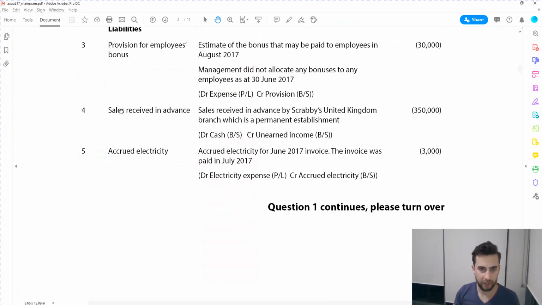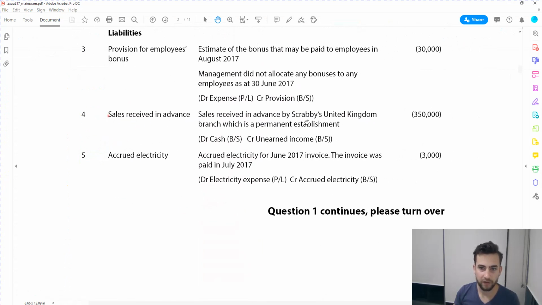Okay, the next one is sales received in advance. The journal for that is going to be debit cash, credit unearned income balance sheet. So there's two balance sheet entries there, so nothing in the P&L currently, and it's sales received in advance by Scrubby's UK branch, which is a PE.